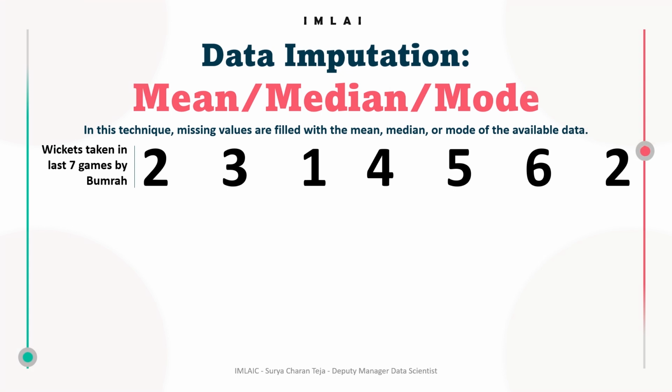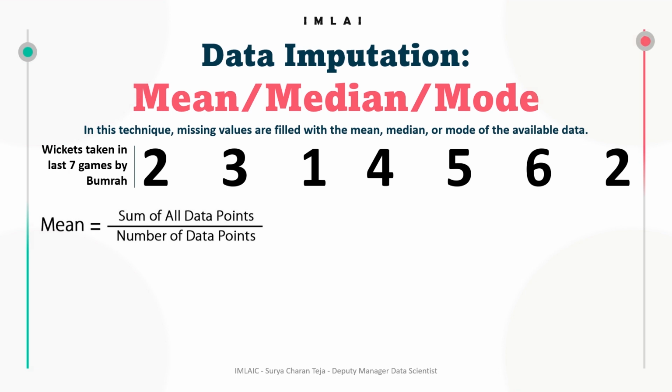Now I want to know the average wickets he has taken out of all 7 games. To calculate that, we can use mean. Mean is nothing but the sum of all data points divided by the number of data points. I have 7 data points, and the sum is 2 plus 3 plus 5, 10, plus 4, 14, plus 6, 20, and then 20 plus 1 plus 2.